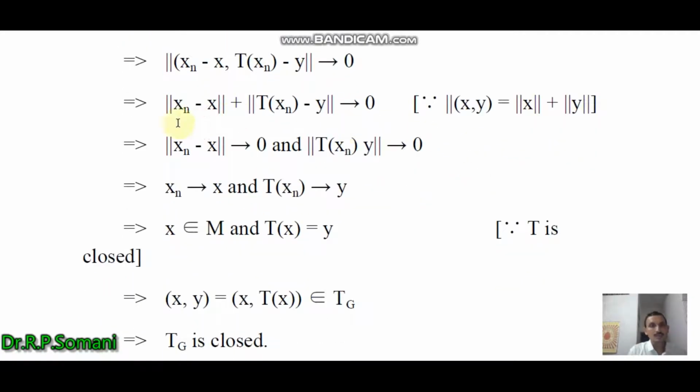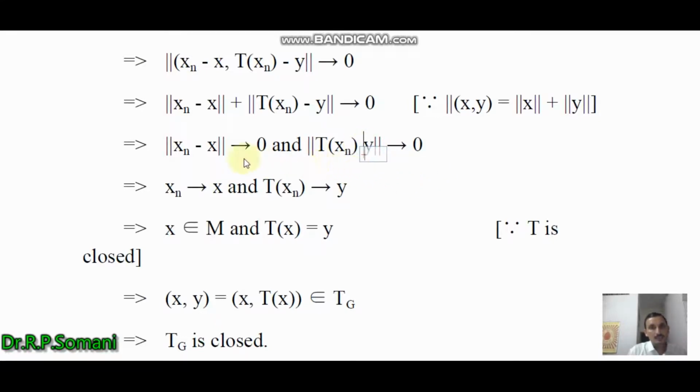So this implies the norm of xn minus x tends to 0, and the norm of Txn minus y tends to 0, here with the minus sign.